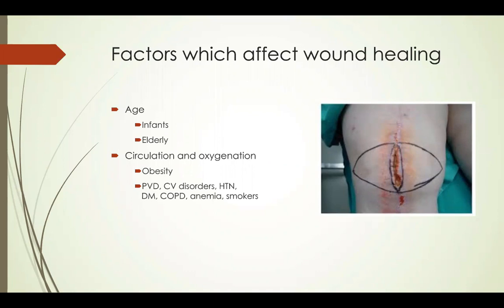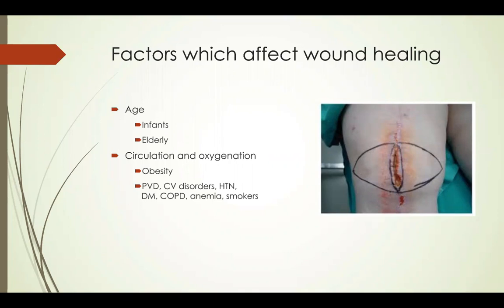Then circulation and oxygenation, hypoxia. One example could be someone who had a lot of blood loss when they had this wound. They now have poor oxygenation because they don't have the oxygen carrying capacity, and the way the body compensates for a large amount of blood being lost is that the veins get smaller.